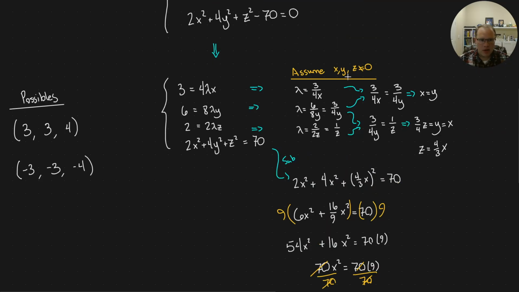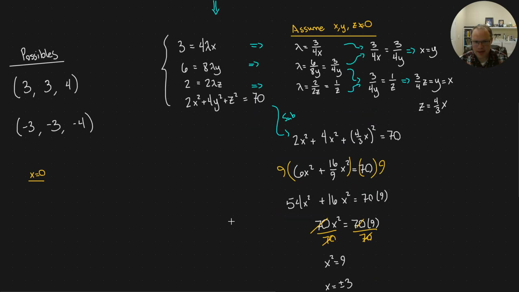Now I have to think about, what if x equals 0? What if y equals 0? What if z equals 0? Got to think about those separately. So, the x equals 0 case. Notice it's impossible, because I would get 3 equals 4 lambda times 0, which is 0, which means I would need 3 to be equal to 0. That's impossible.